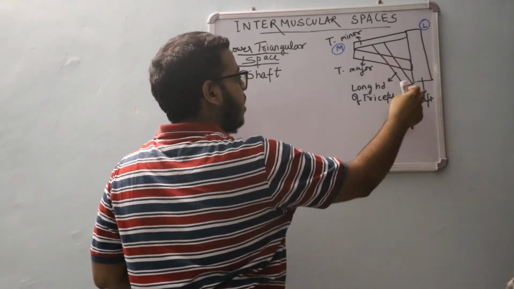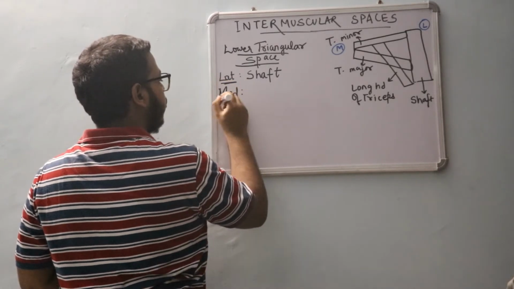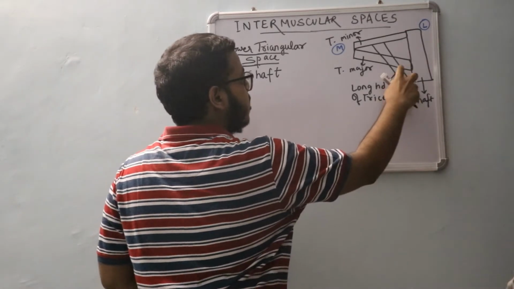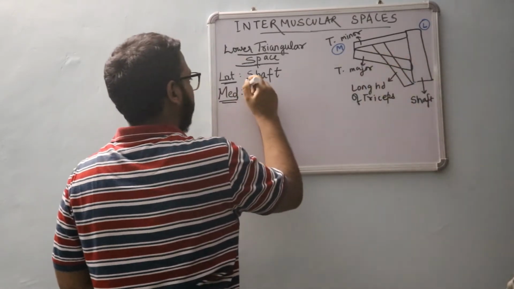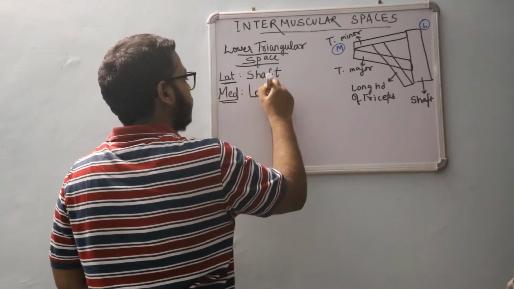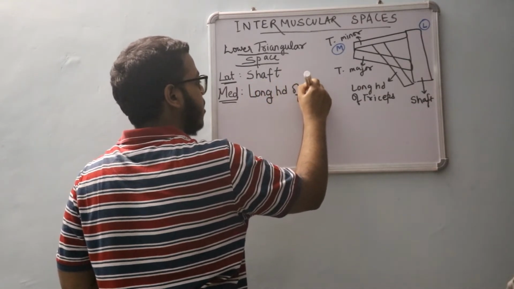This one is the medial boundary. What forms the medial boundary? It is formed by the long head of triceps, that too the lateral border of the long head of triceps.